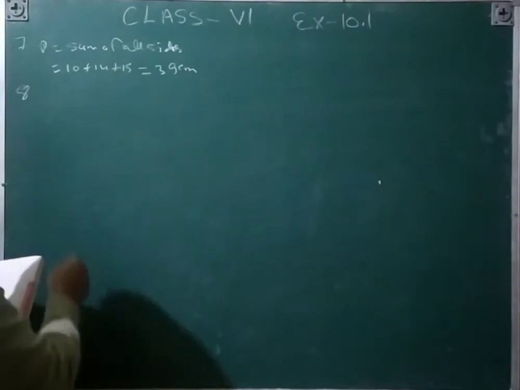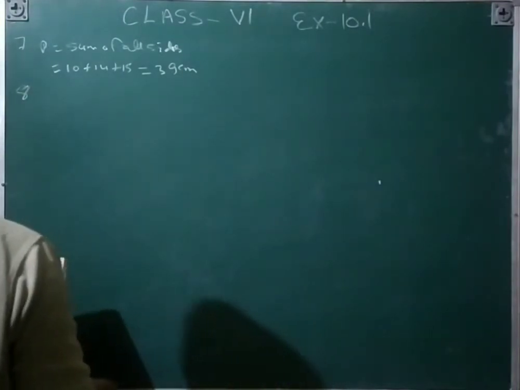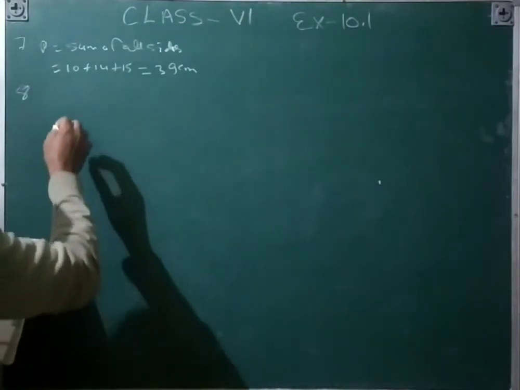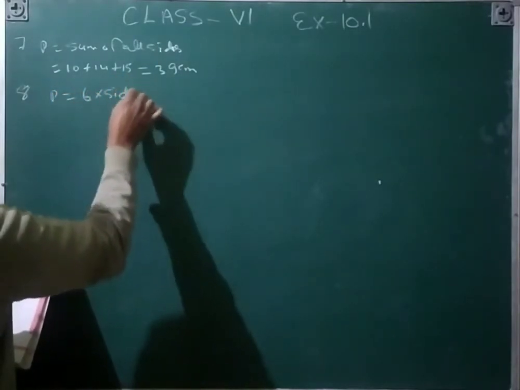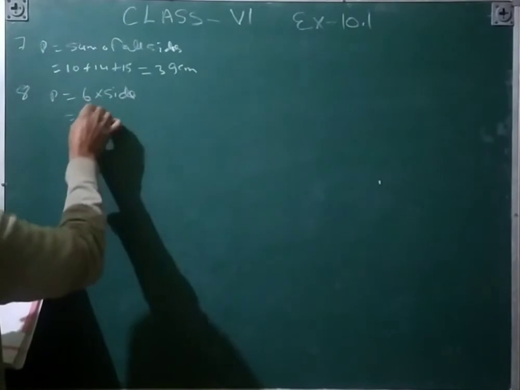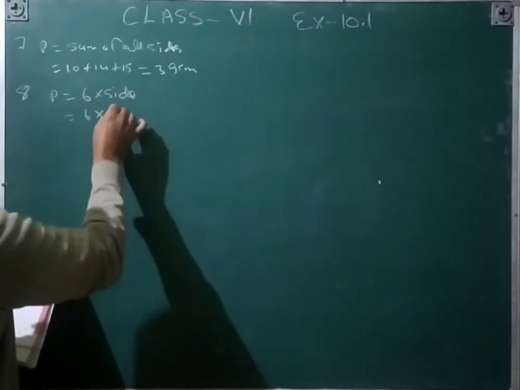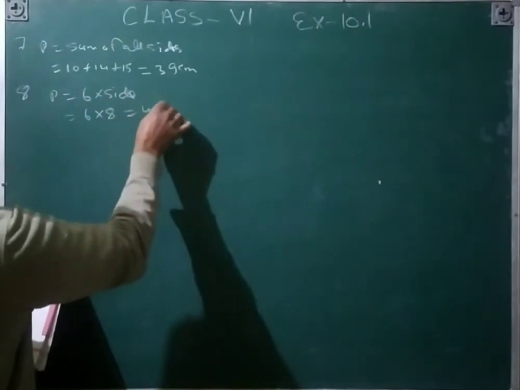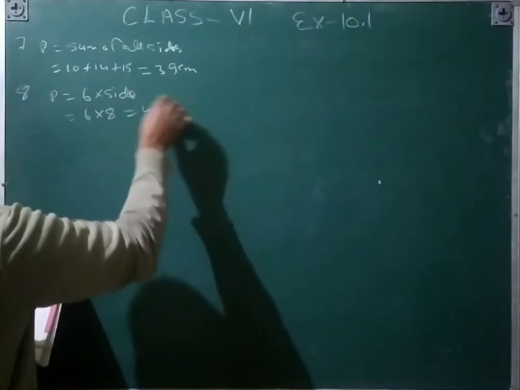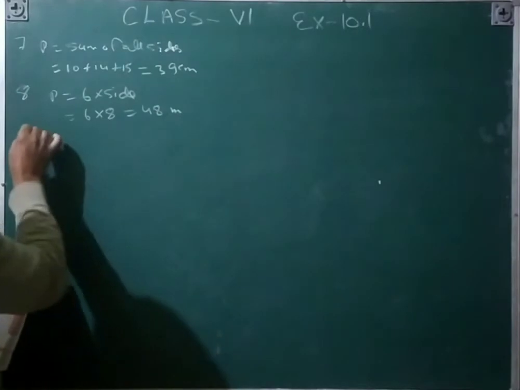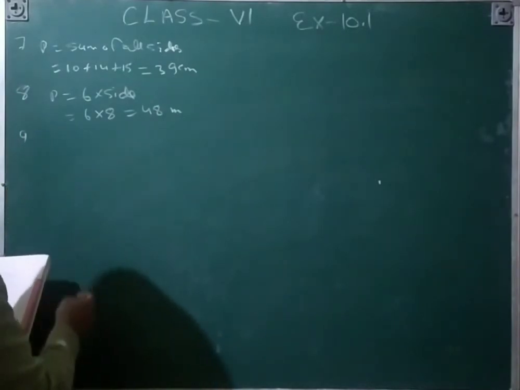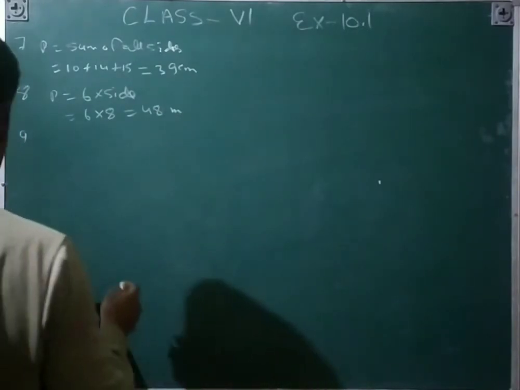Eighth question: find the perimeter of a regular hexagon. Perimeter is equal to 6 multiplied by side, hexagon means 6 sides, so 6 into side, given as 8, 6 eights are 48 meter. Ninth question: find the side of a square whose perimeter is this one.